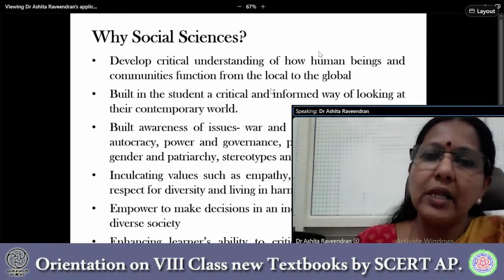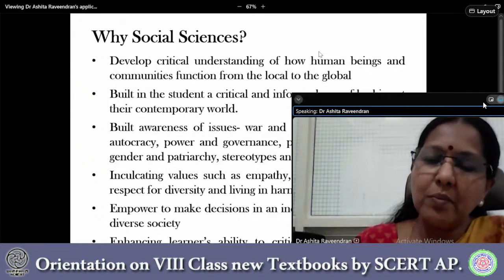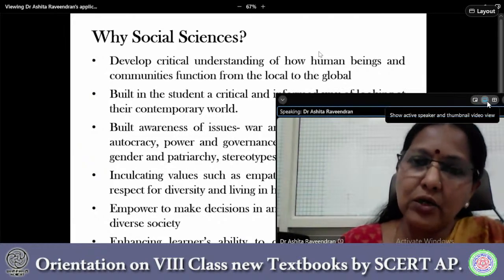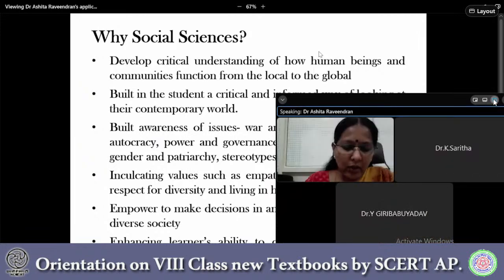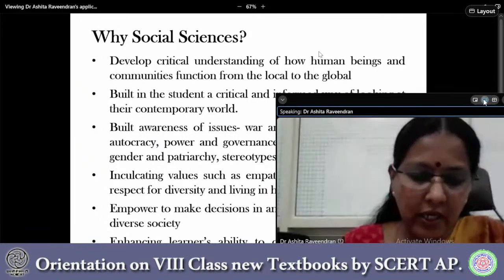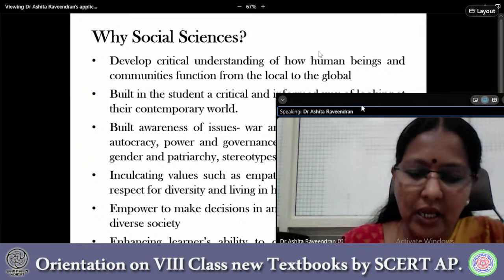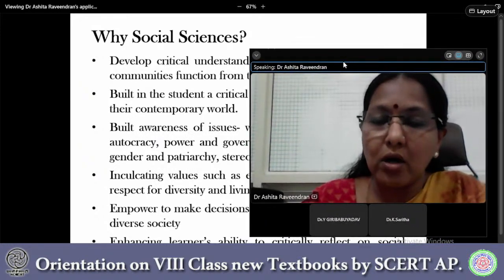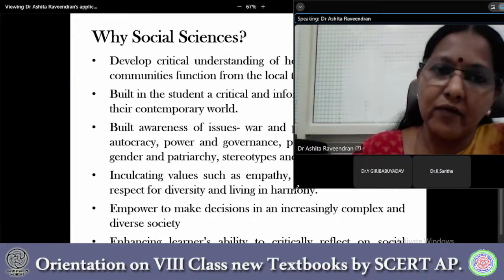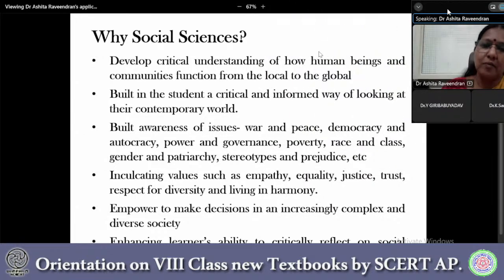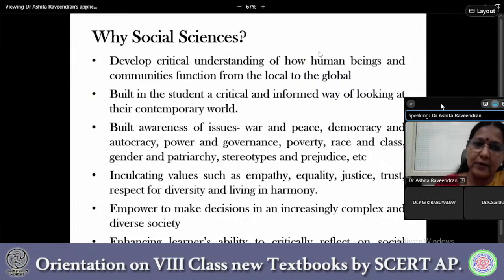It's not just how the constitution has been made and what its rights and duties are. It's also about critically looking at how human beings behave and how communities function, not just in the local scenario, but in the national or global scenario. So for this, we need to impart social science learning.